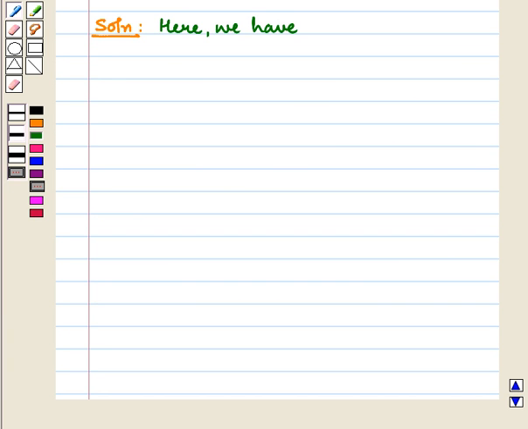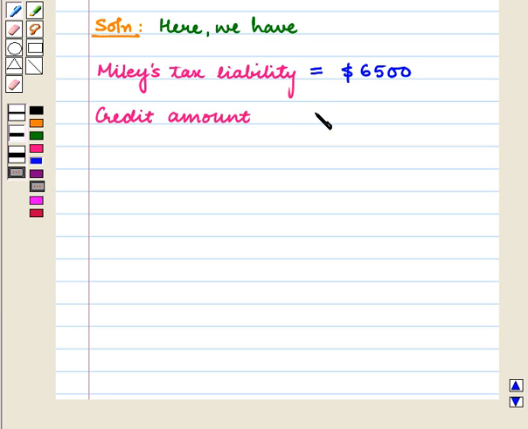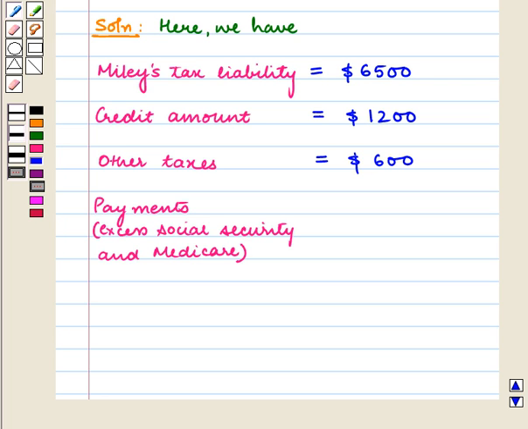Now, here we have Miley's tax liability is equal to $6,500. Credit amount is equal to $1,200. Other taxes are of $600 and payments, that is excess Social Security and Medicare, is equal to $900.